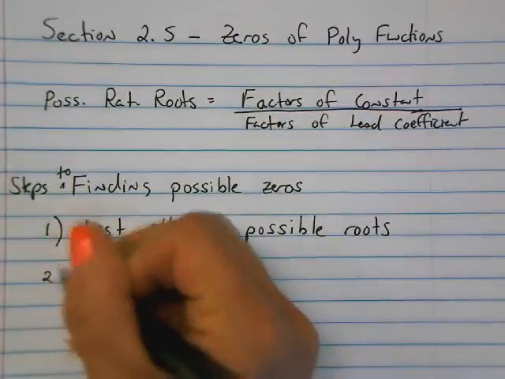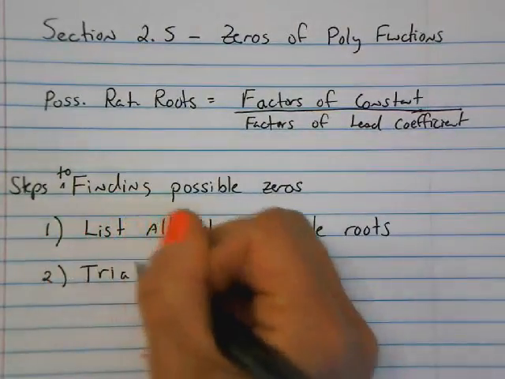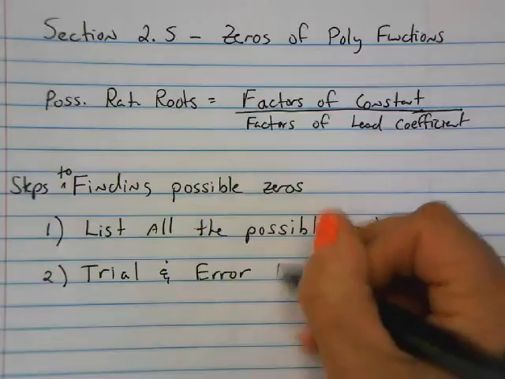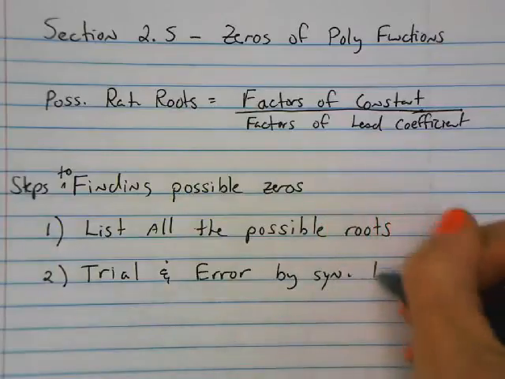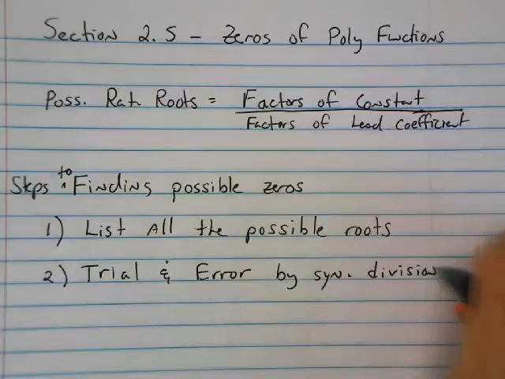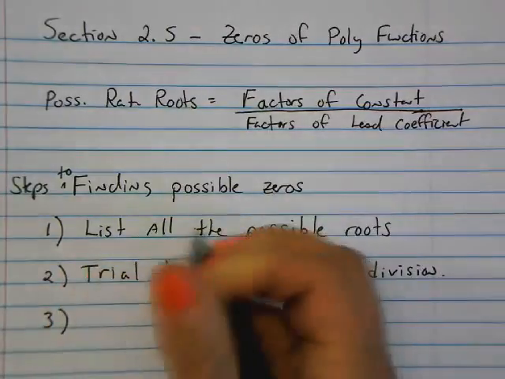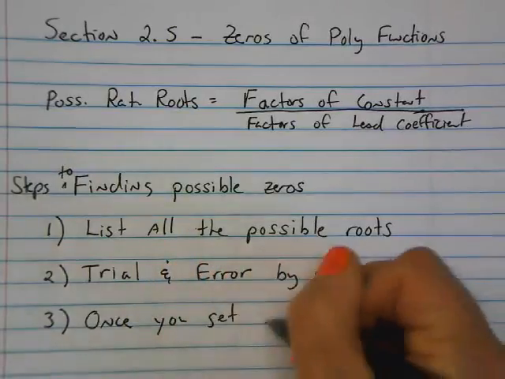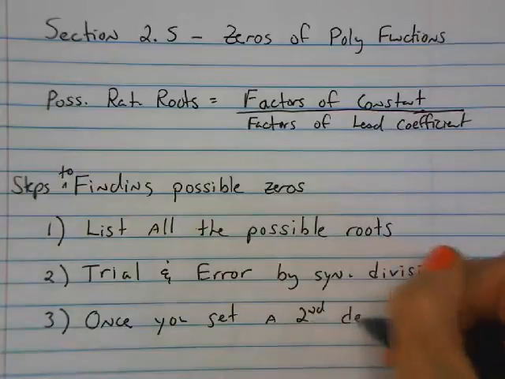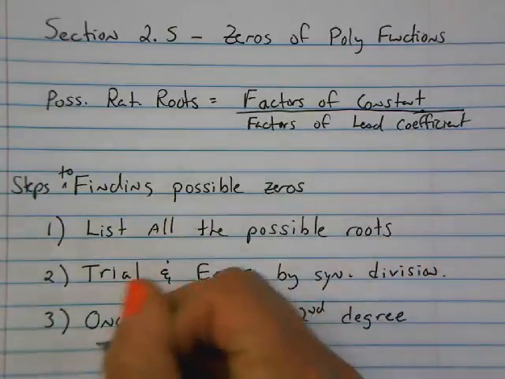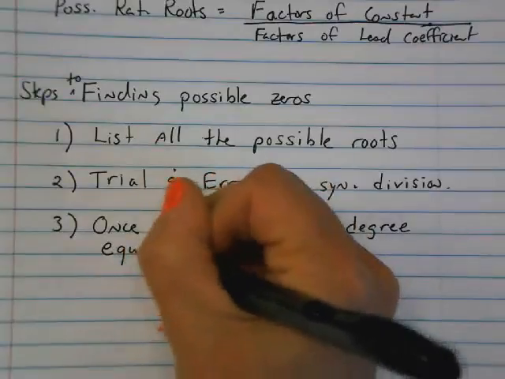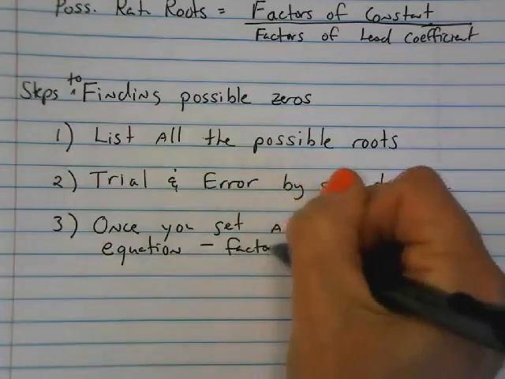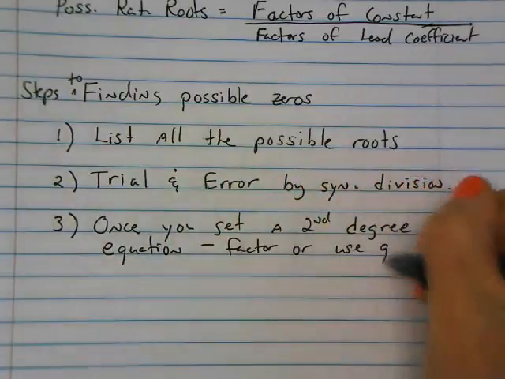Step 2: do trial and error by synthetic division. Step 3: once you get a second degree equation, factor or use the quadratic formula.